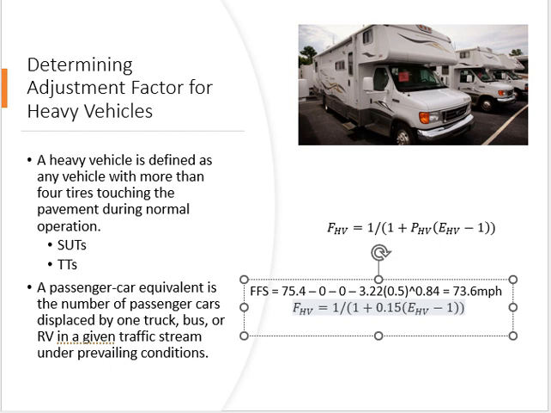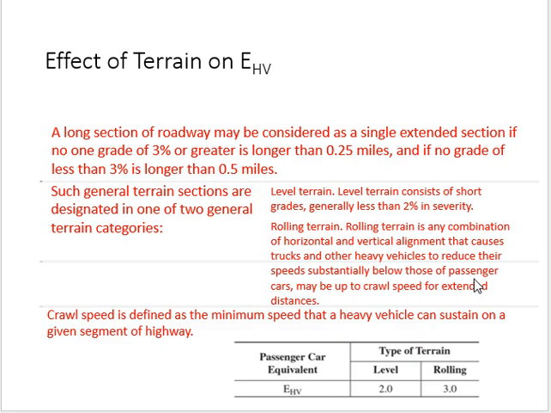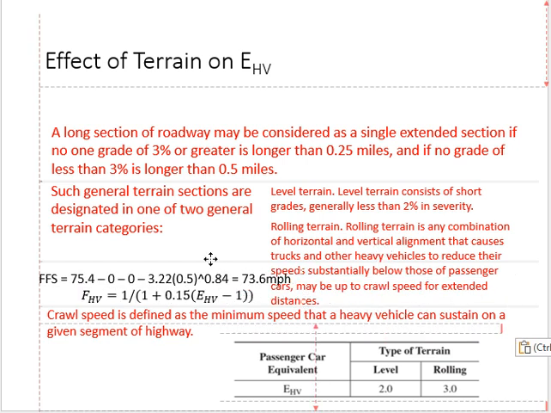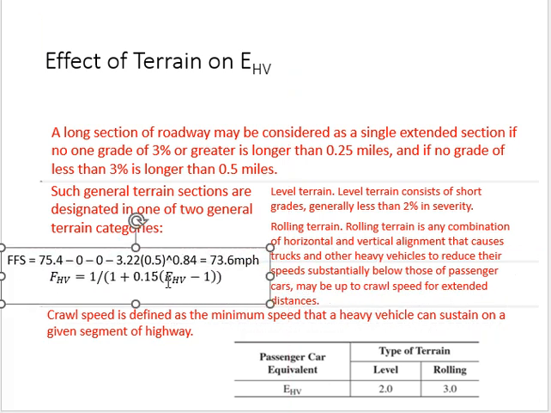The first condition is the level terrain. For level terrain, the factor is 2, right? So this gives me 0.87.